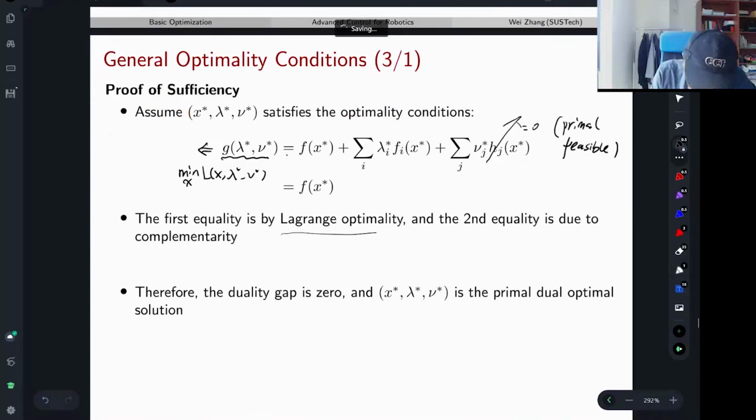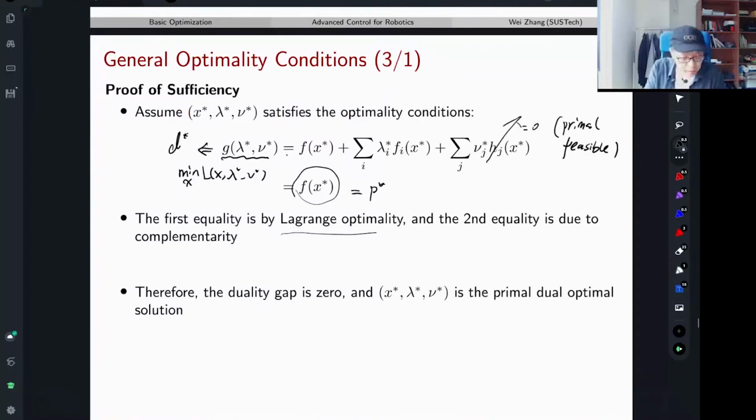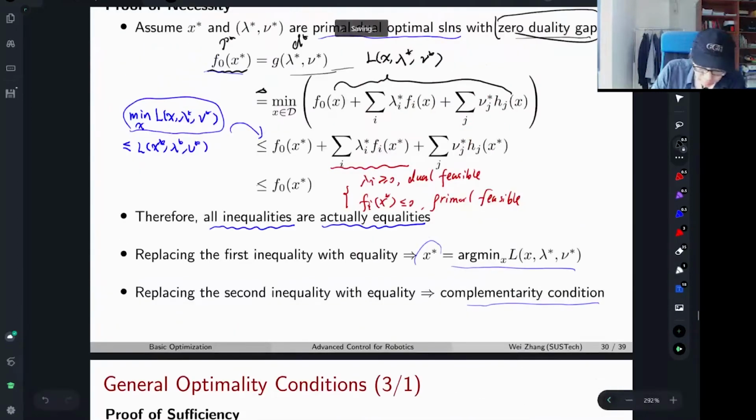So this equals this, and this is primal feasible, and this will be my P star, and this is my D star. So the dual equals the primal, and this pair is the primal-dual optimal solution. I skipped a few lines since I want to finish the examples.